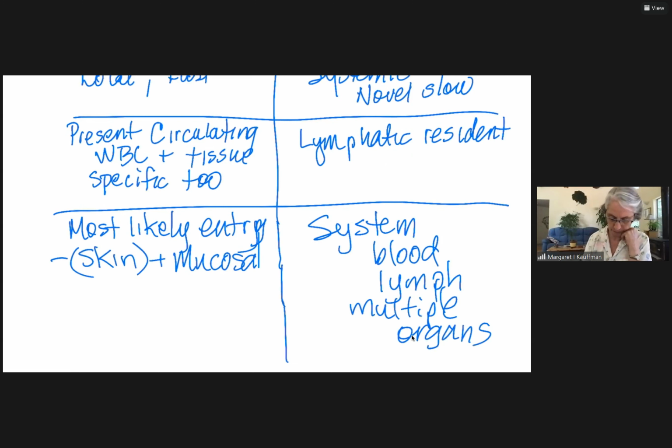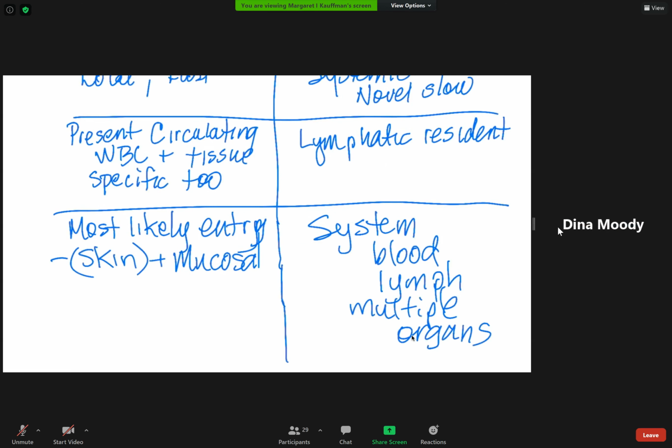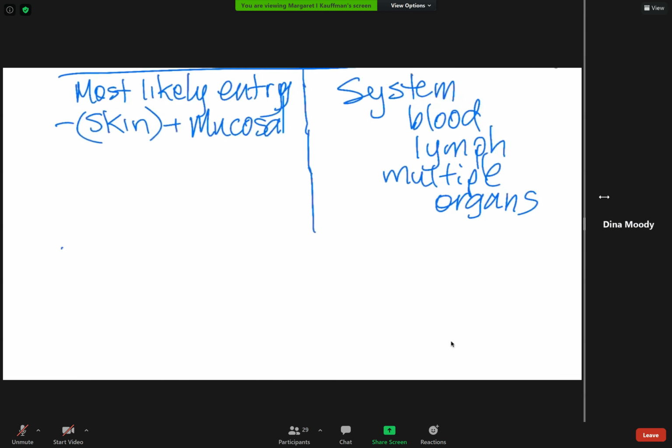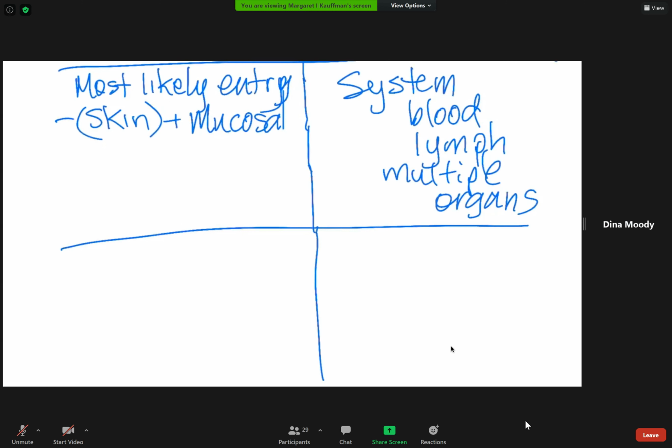All right, good. The intracellular pathogens, my notes don't make sense to me here. I've got intracellular pathogens, NK cells, some types of interferons and cytokines.